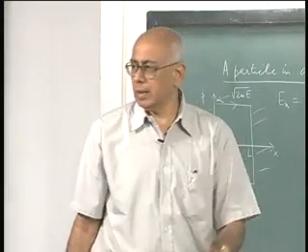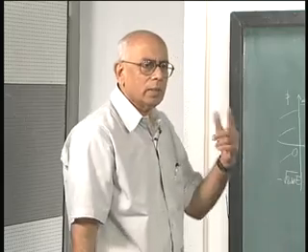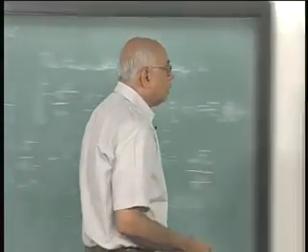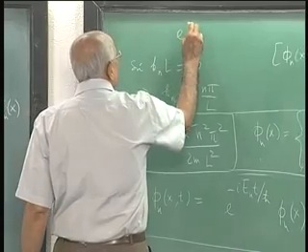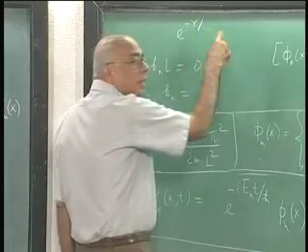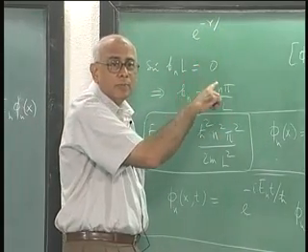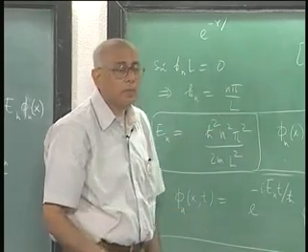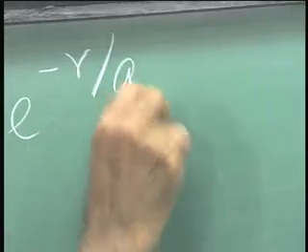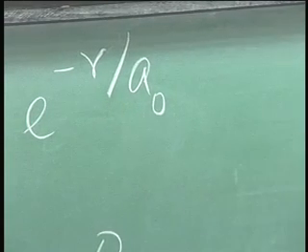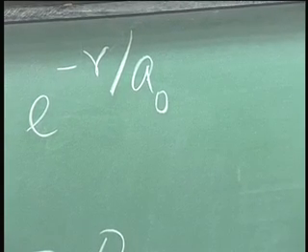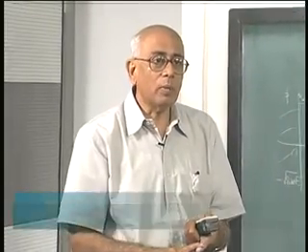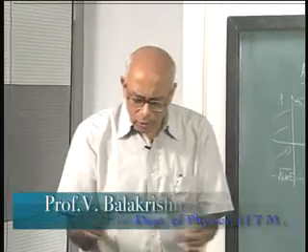It is spherically symmetrical, so it goes like e to the minus r, but it can't go precisely like e to the minus r, there must be something else which compensates it, divided by some length, there must be some natural length in the problem. What is that length? Yeah, the 4 is not important but a naught is important, a naught is the Bohr radius. So a quantity of dimension length is formed automatically, but the hydrogen atom is not inside a box.